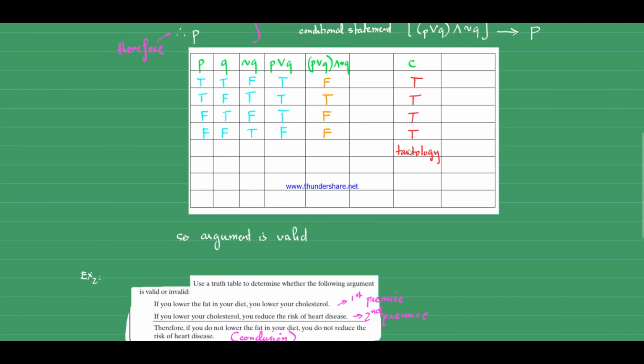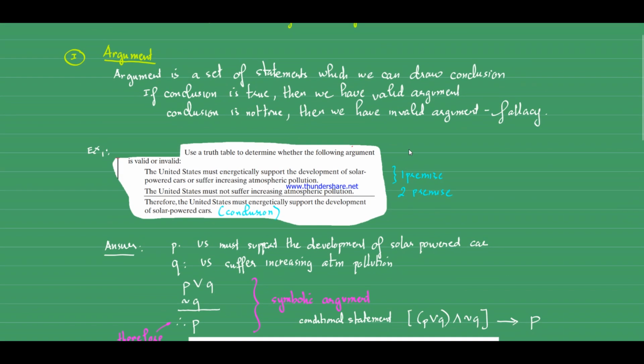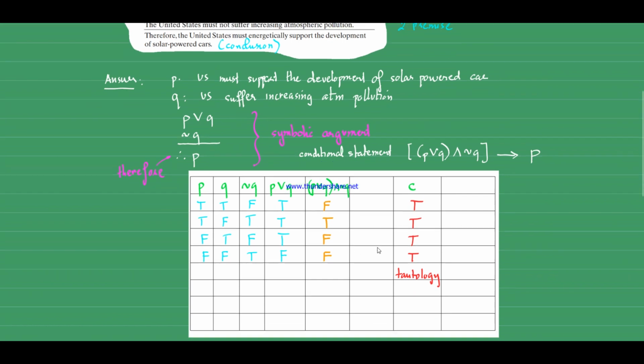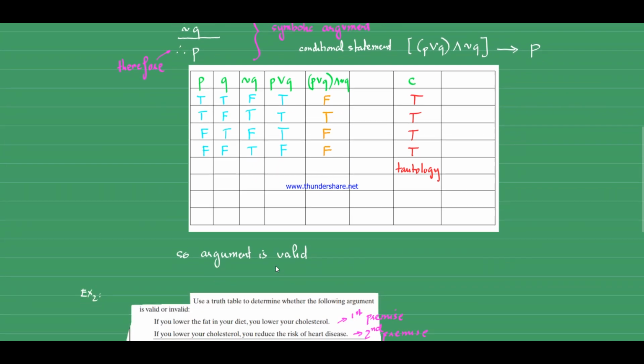Now on the second part of the video, the second Roman numeral, I'm gonna provide you some standard forms of valid argument and invalid argument that you usually see when you're doing homework. If you don't see this argument, then you have to create the true false table in order to determine if the argument is valid or not.